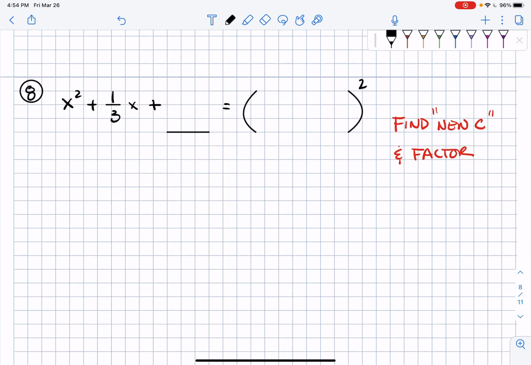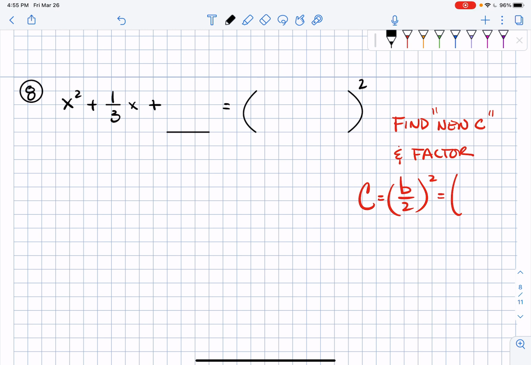So this one is kind of like part of completing the squares, where I got to find a new c and I'm going to factor that. So to find a new c, c is equal to b divided by 2 squared. Okay, the b is negative 1/3. Oh, see, positive 1/3.